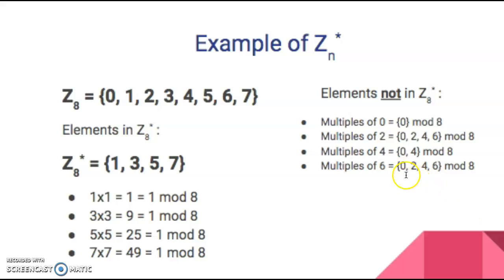So therefore, because these integers, when we consider their multiples, do not have a multiplicative inverse, in other words, they don't generate 1 when multiplied by another integer in integers modulo 8, they are not in the set integers modulo 8 star.